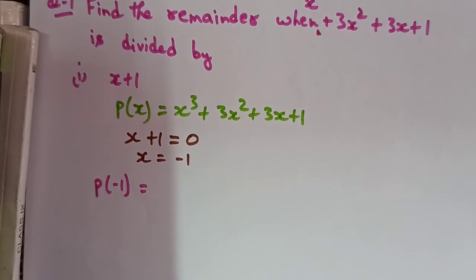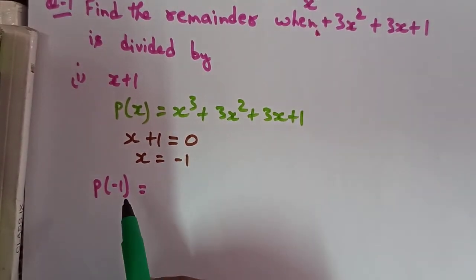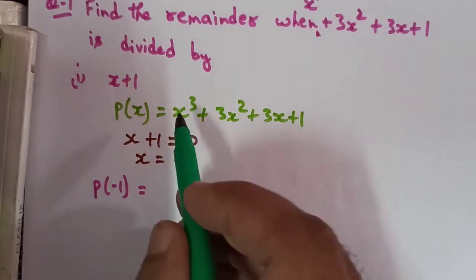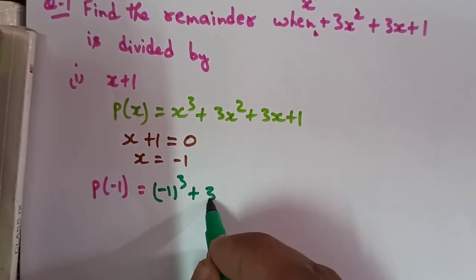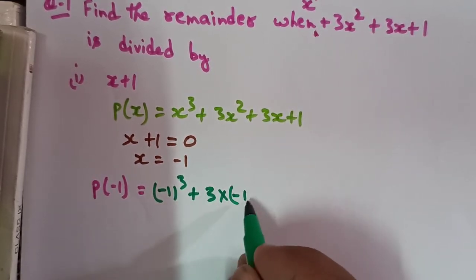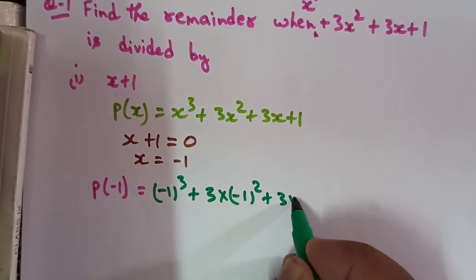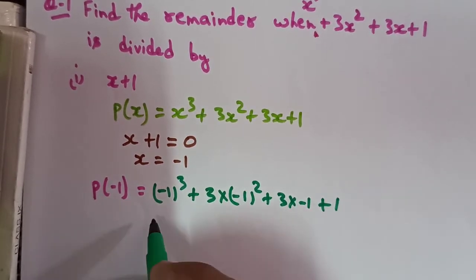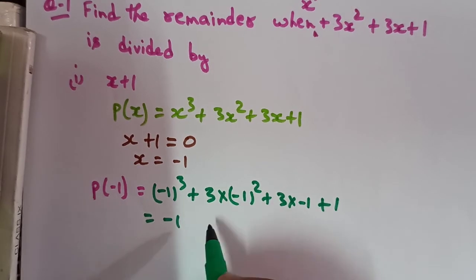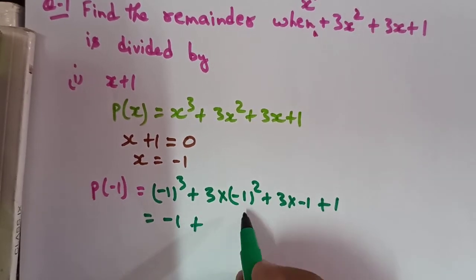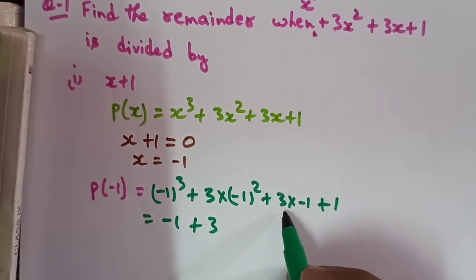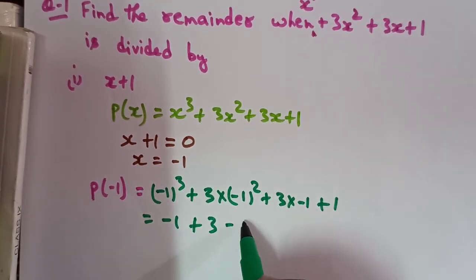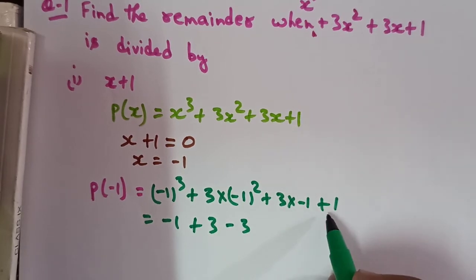It will be equal to, we substitute x as minus 1. So x cube becomes cube of minus 1, plus 3x square becomes 3 into minus 1 square, plus 3 into minus 1, plus 1. The cube of minus 1 is minus 1, the square of minus 1 is plus 1, multiplied by 3 is plus 3, then 3 multiplied by minus 1 is minus 3, and plus 1.